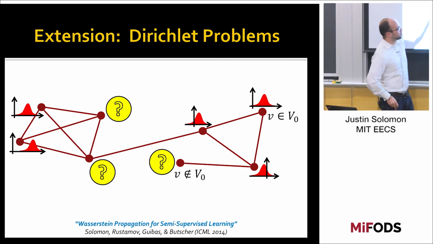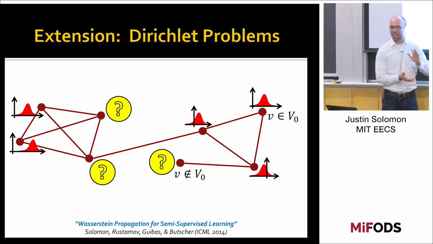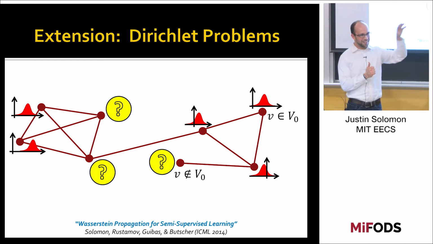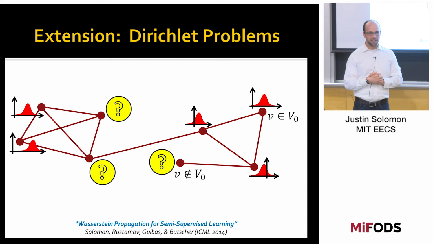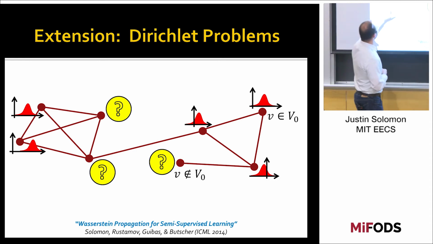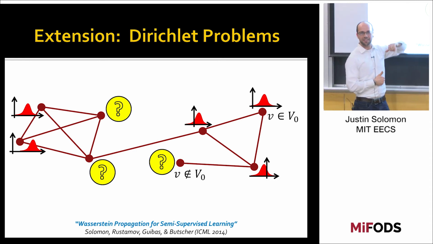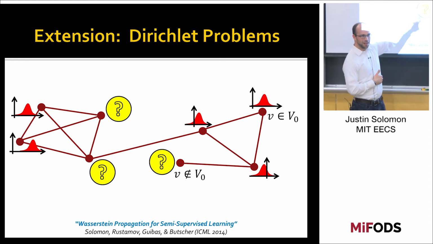And my job is to impute the missing distributions. So maybe I have my social network, and I only hang out with wealthy people, and I have some distribution over wealth that I know at a couple isolated vertices, and what I'm trying to infer is the distribution elsewhere. Right? So under the assumption that nearby people have nearby distributions in the Wasserstein sense, then maybe what I do to impute is to sum over all the edges the transport distance and then try to find the value at every vertex.